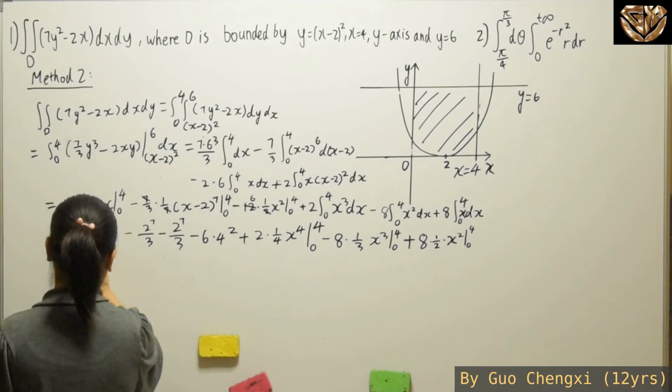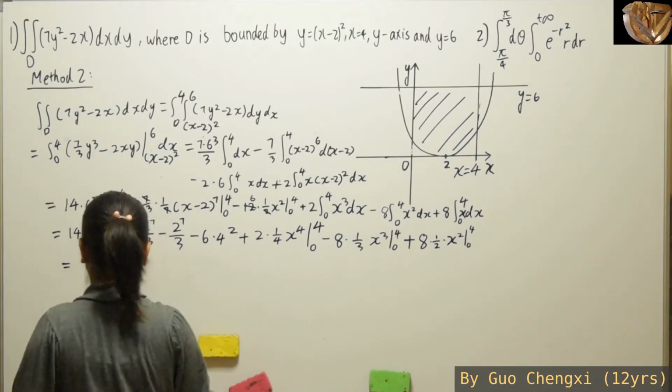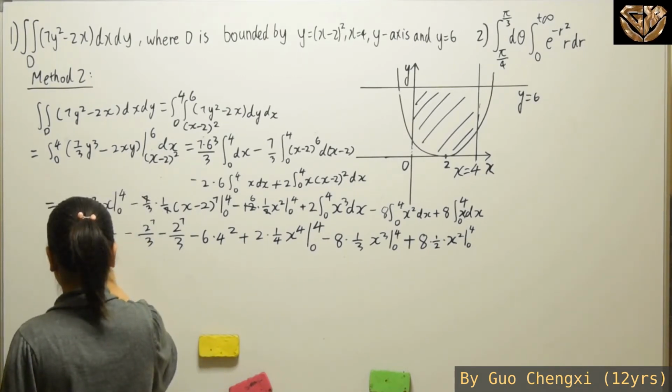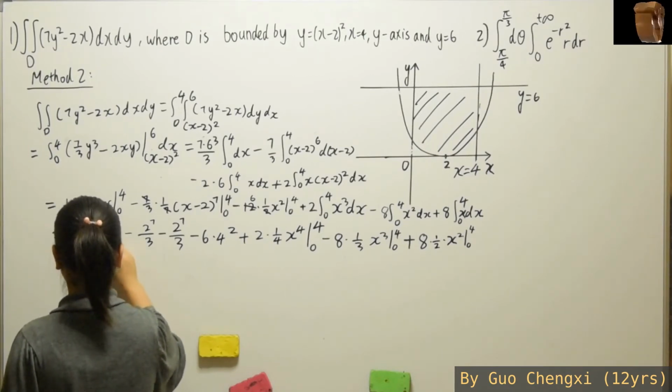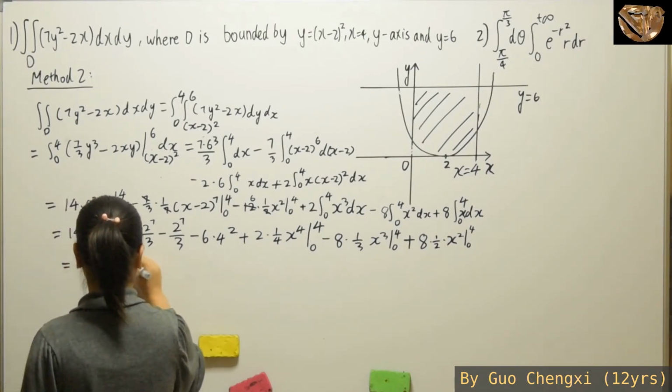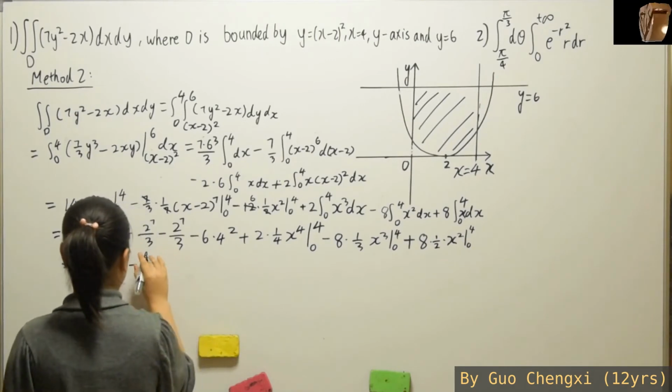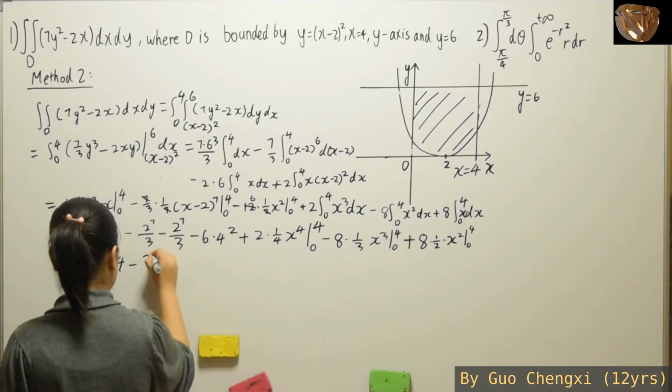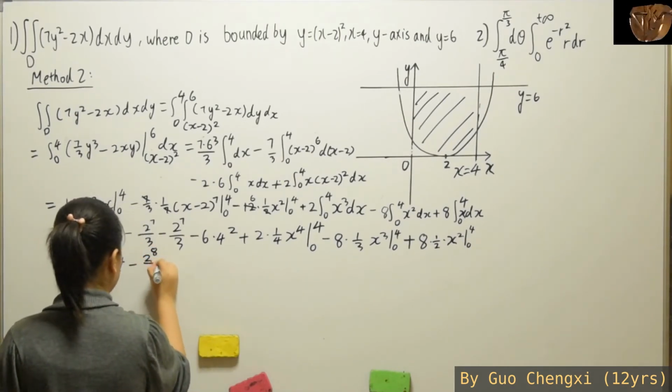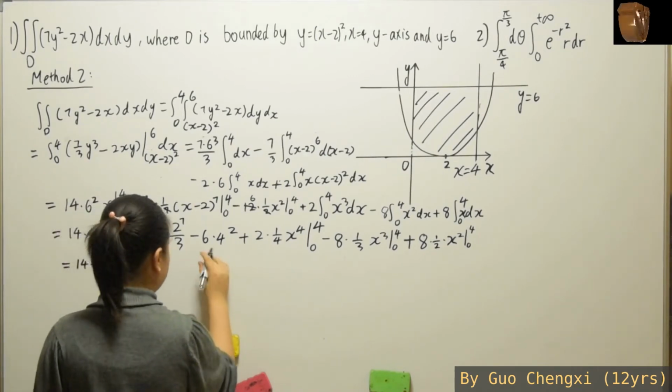Well, for this part you can leave it there, I'll use a calculator to calculate it later on. These two you can combine, so you will be left with 2 to the power of 8 over 3.